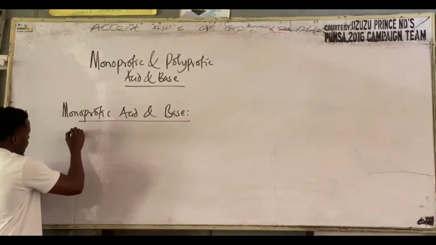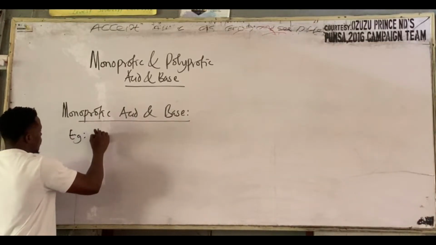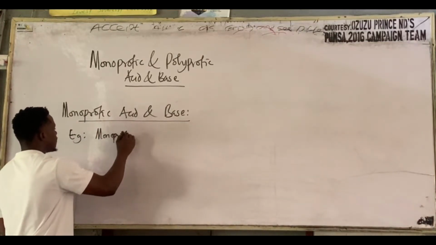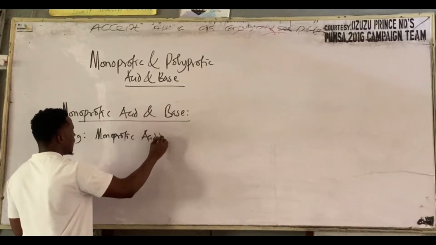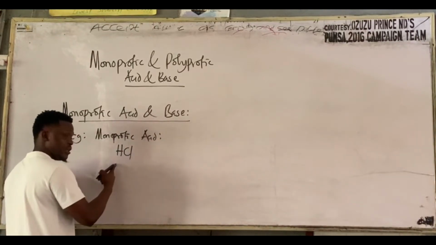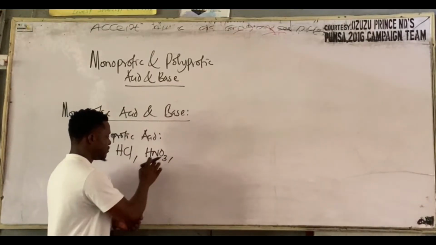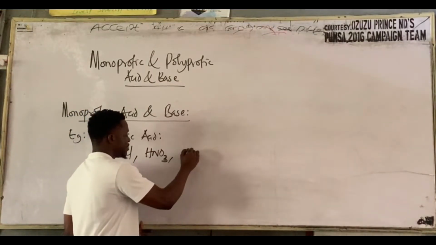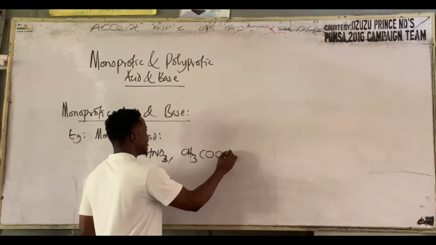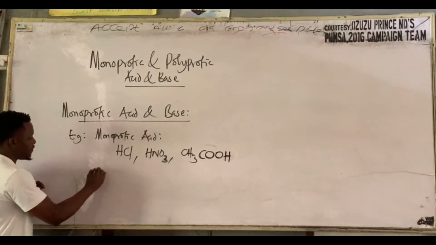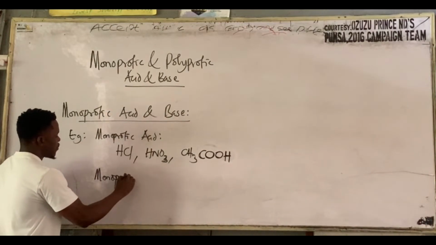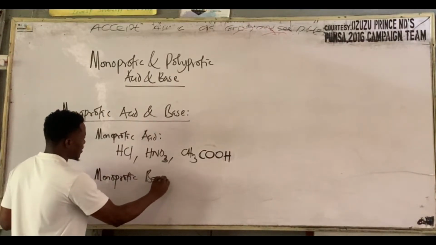Now, examples of monoprotic acid: HCl, this guy can donate only one; HNO3, only one; CH3COOH. Now, an example of a monoprotic base.